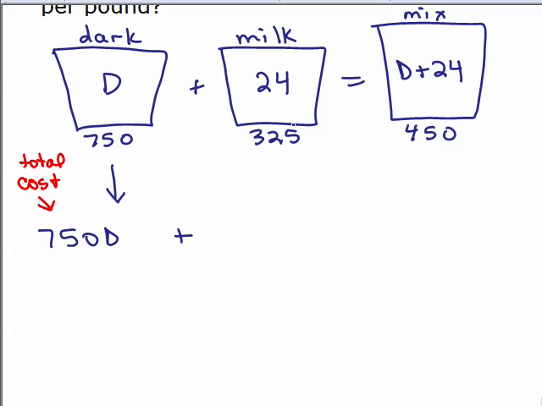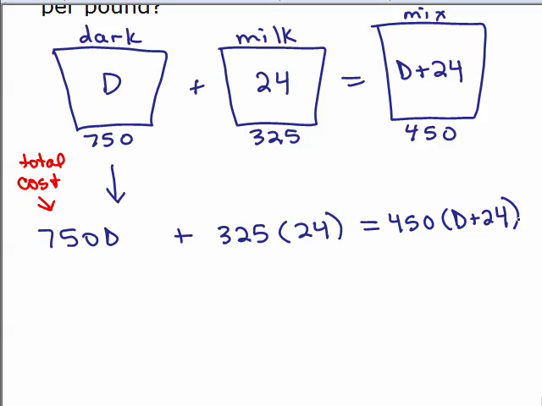For the milk chocolate, I've got 24 pounds. Each pound is $3.25, so that's $3.25 times 24. And in the mixture, I've got $4.50 for each pound, and I've got D plus 24 pounds, so I have to do 450 times D plus 24. So there's the equation.